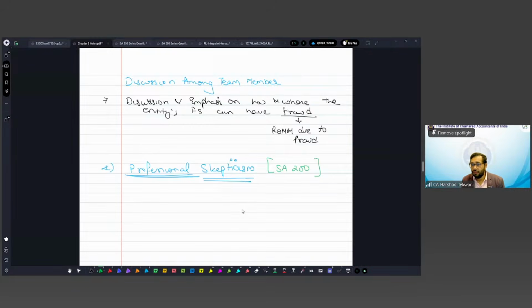Be alert. Keep your ears open. So, in accordance with SA 200, the auditor is required to maintain professional skepticism throughout the audit, even for fraud also. What else will you do?